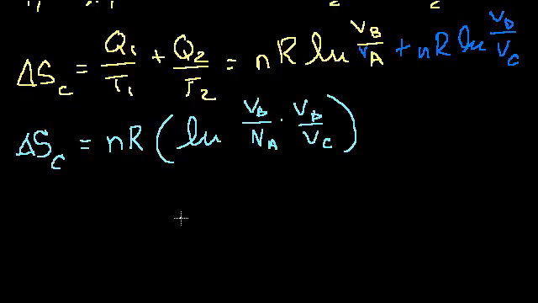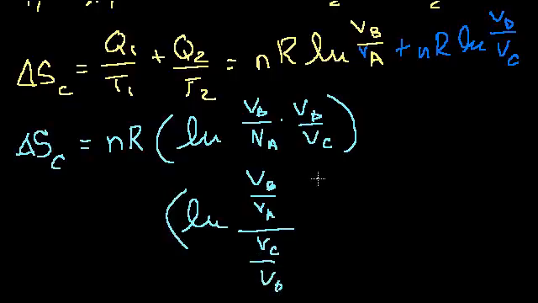So I can rewrite this as the natural log of VB over VA divided by, right? Instead of multiplying it times this, I can divide it by this reciprocal, VC over VD. So I just rewrote it. I just did a little bit of fraction math. That's all I did. Instead of multiplying it times this, I divided by its reciprocal.